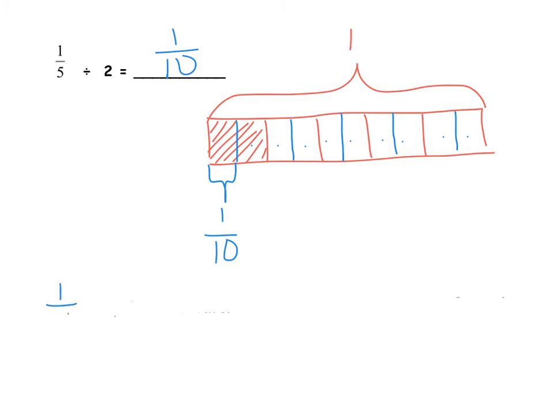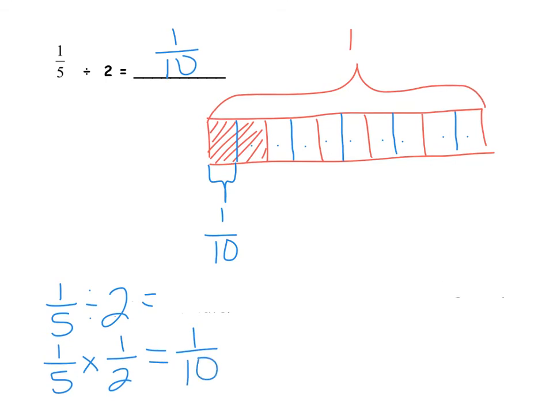Well, let's show this with multiplication. So I have 1/5 divided by 2. I can show this going 1/5 times 1/2, because I split each fifth in half. So 1 times 1 is 1. 5 times 2 is 10.